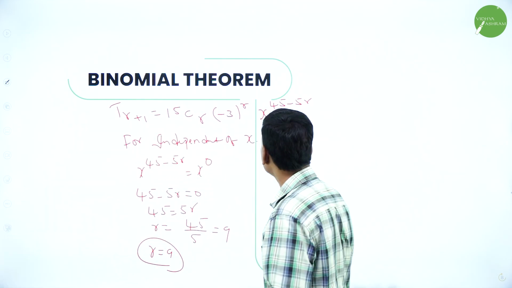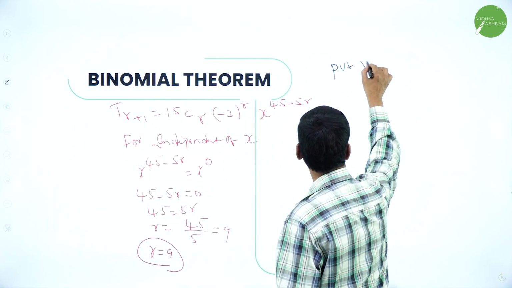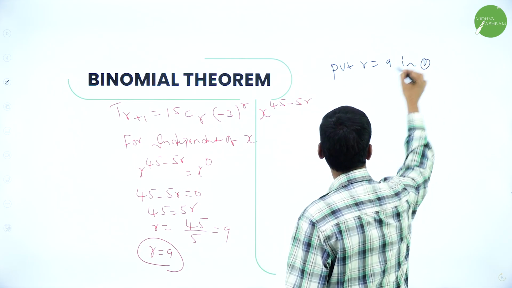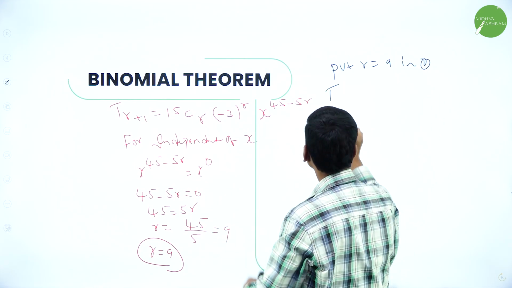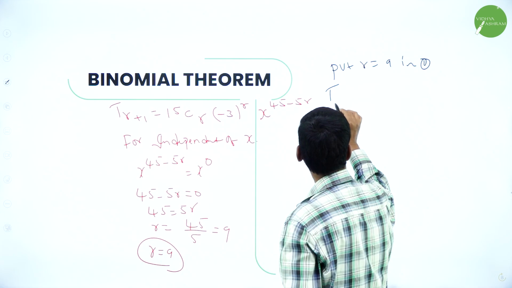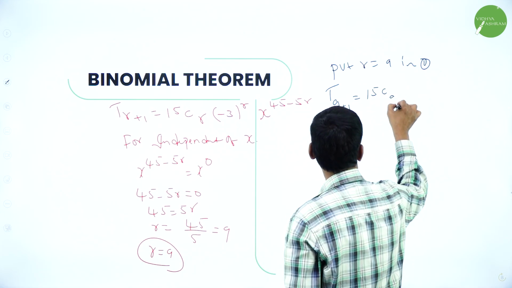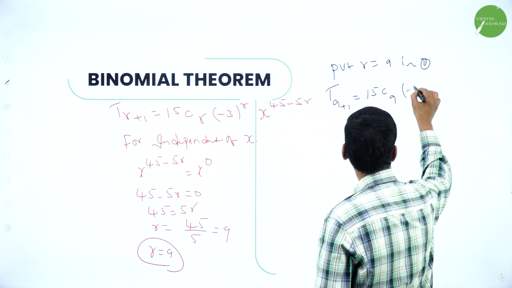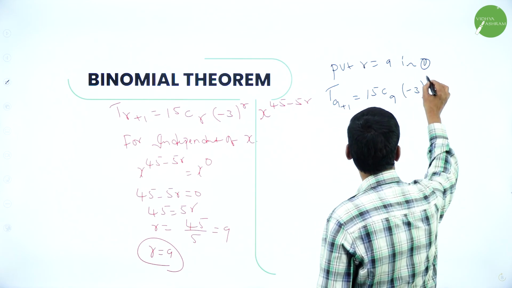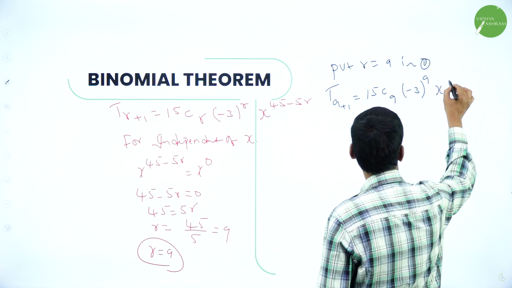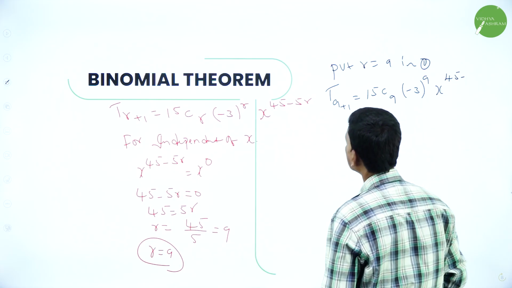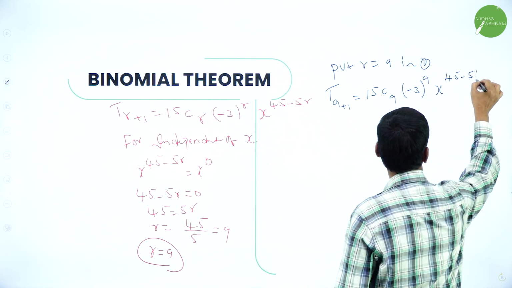Now put r is equal to 9 in equation number 1. So you will get T(9+1) is equal to 15C9 into (minus 3) to the power of 9 into x to the power of 45 minus 5 into 9.